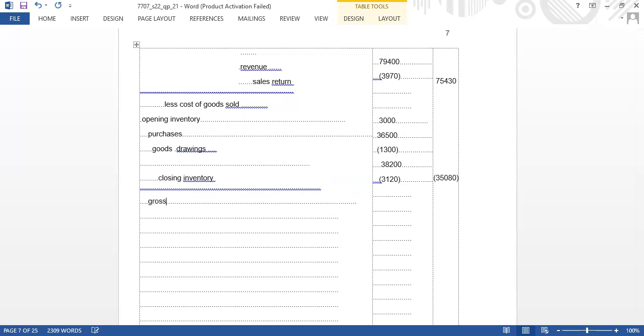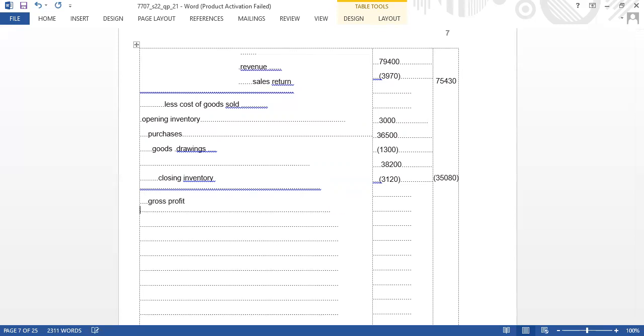Okay, gross profit. 75,430 minus 35,080 equals 40,350. That is gross profit.